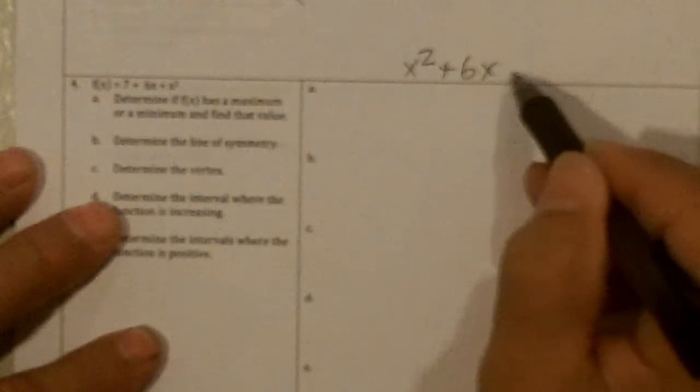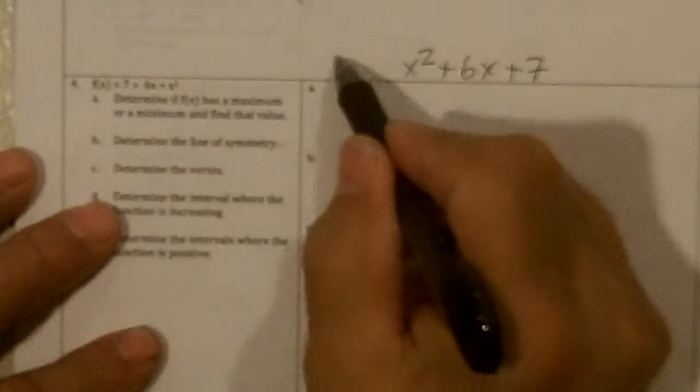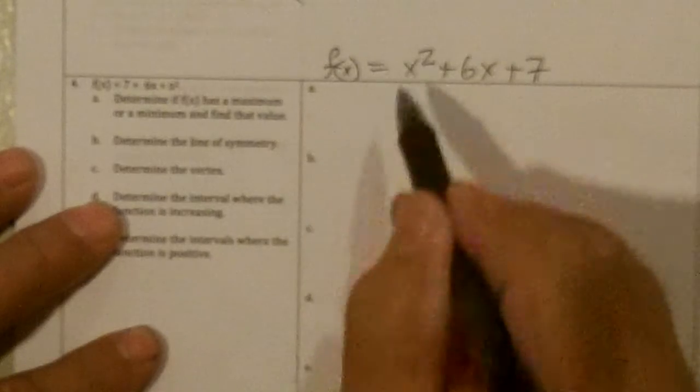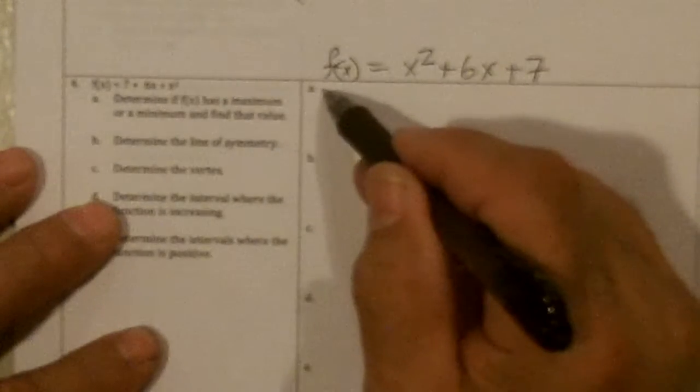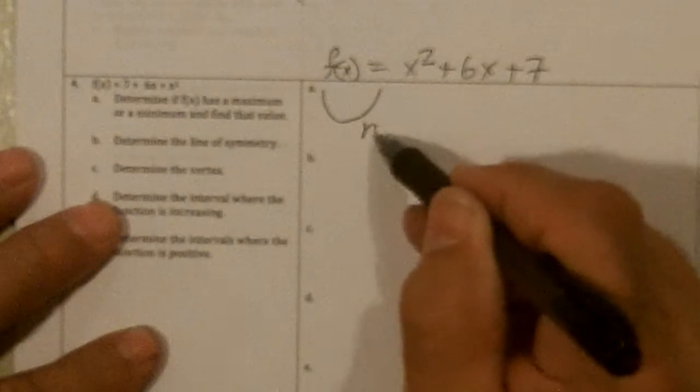Now I have an equation where the lettering is all out of order here, so I'm going to write this as x squared plus 6x plus 7 and get it in proper order. And that's what f of x is. And since it's a positive x squared, I know it's going to go like this, and so it's going to have a minimum.